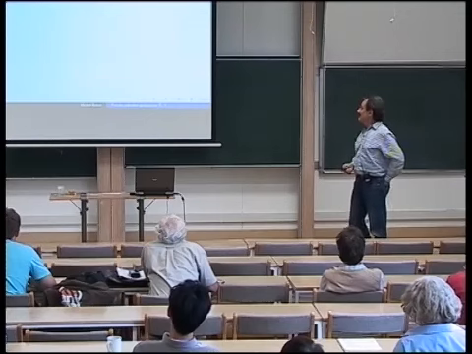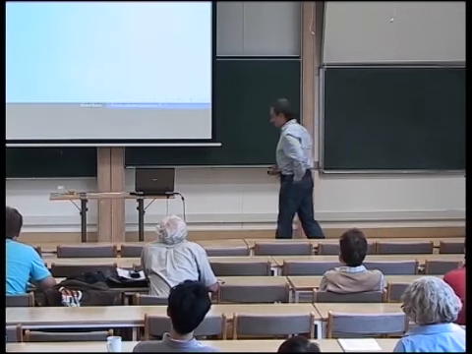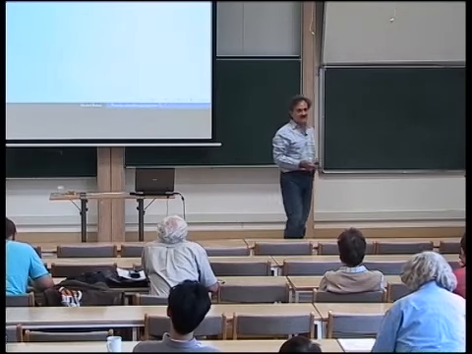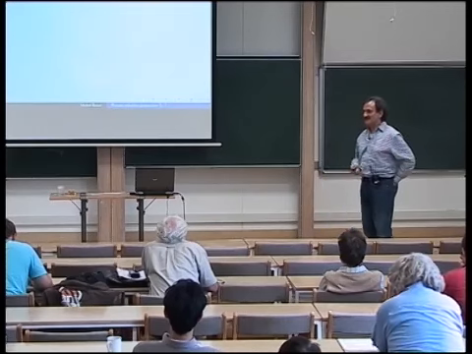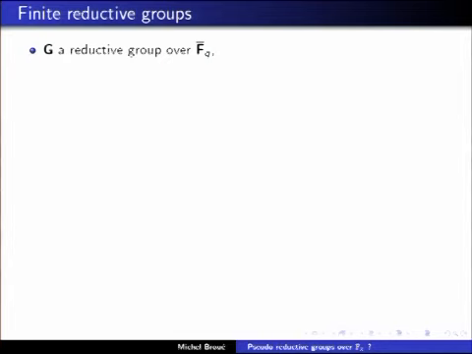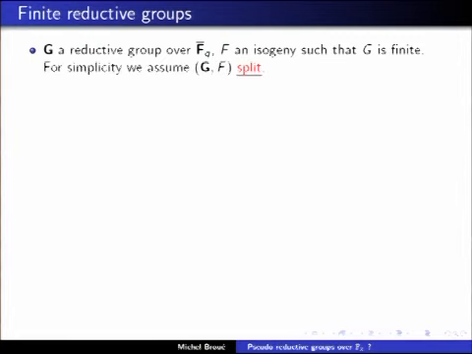But before doing that, I need to give a very short crash course about the characters of finite reductive groups. So let me consider bold G a reductive group over F_q bar, and F a Frobenius endomorphism. And just for simplicity of this lecture, we assume that the group is split. And unbolding letters means taking the fixed points by the Frobenius endomorphism, so taking the finite groups.